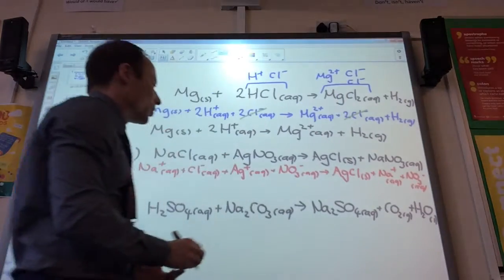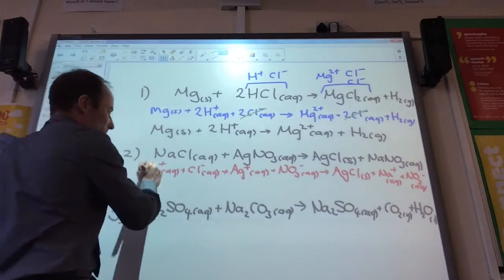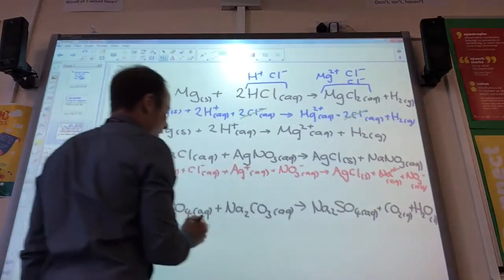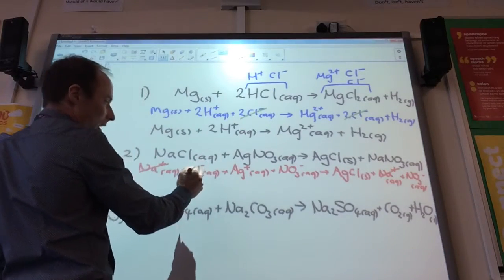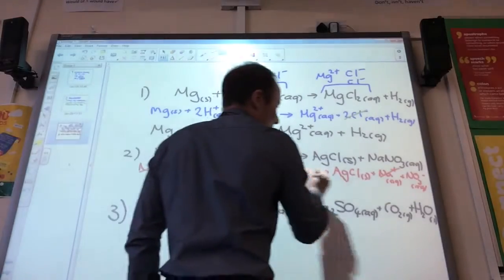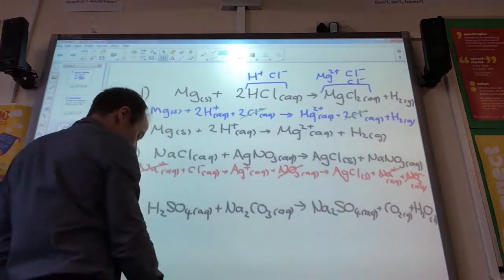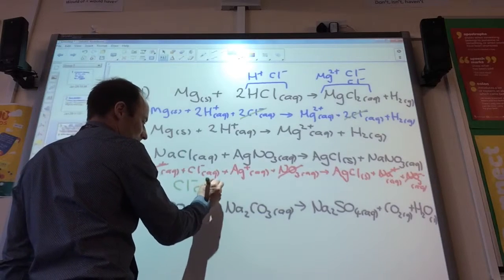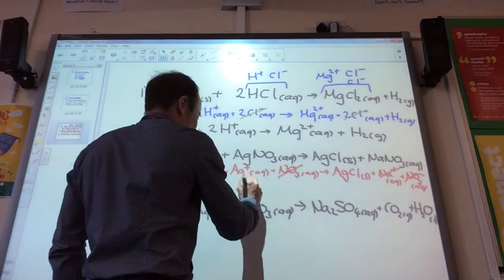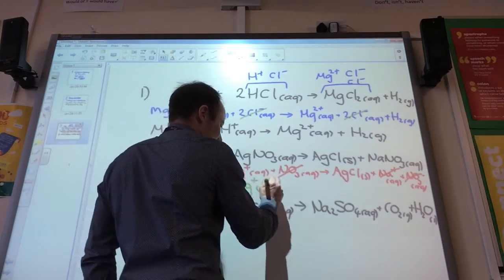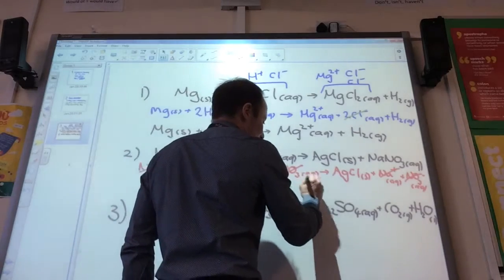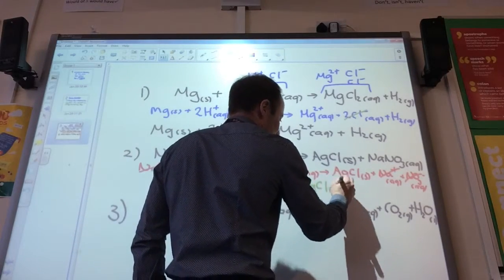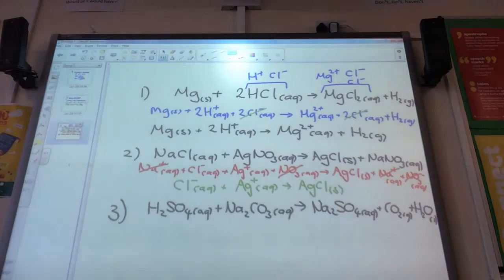If you look at what changes, Na+ stays, doesn't do anything, chloride does, silver does, nitrate doesn't do anything. So you're left with Cl- (aq) plus Ag+ (aq) goes to AgCl (s), like so.